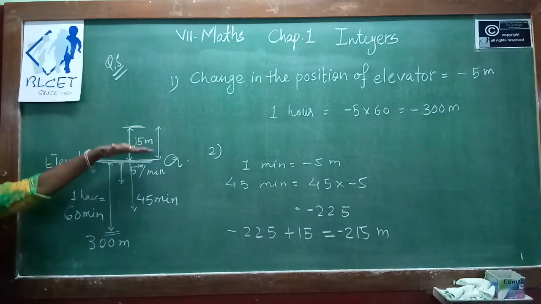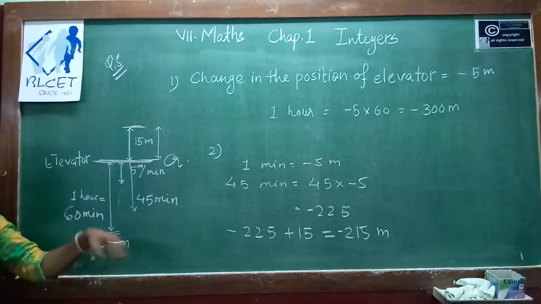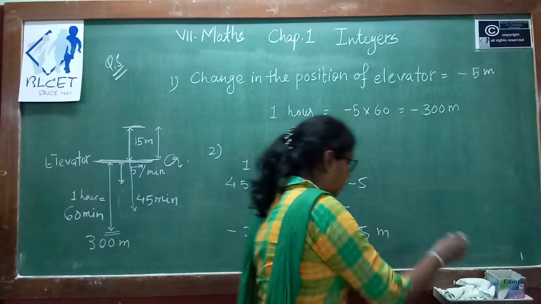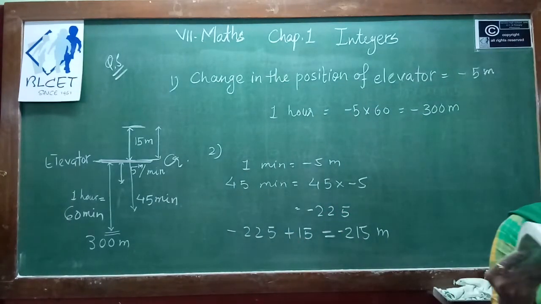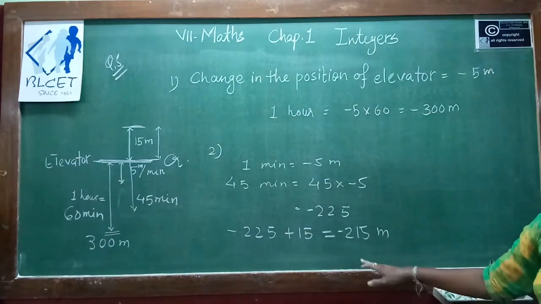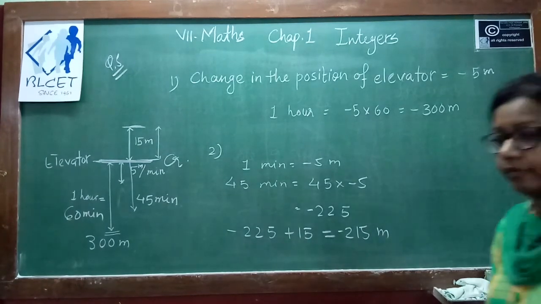If we started traveling from here, then where will it come? So 50 we have to subtract, either you subtract or you add. So this way we can solve the questions. The last position of the elevator is below the ground level, that is 175 meter below ground. So this is all about solving question number 5.